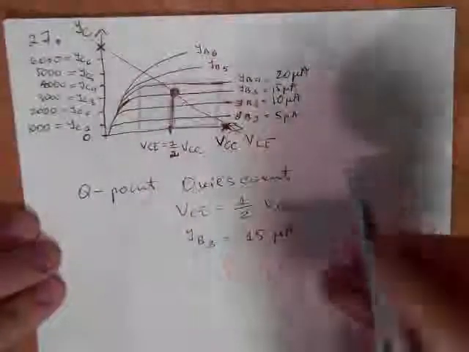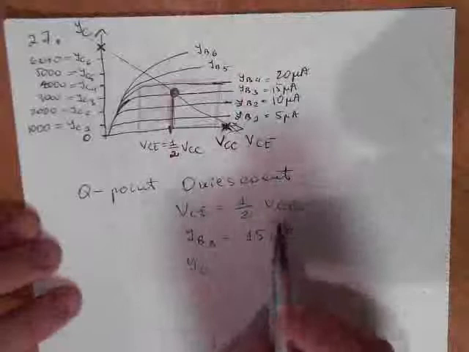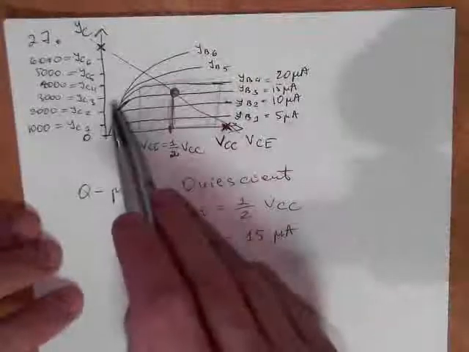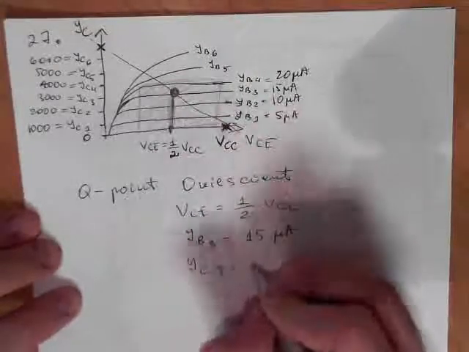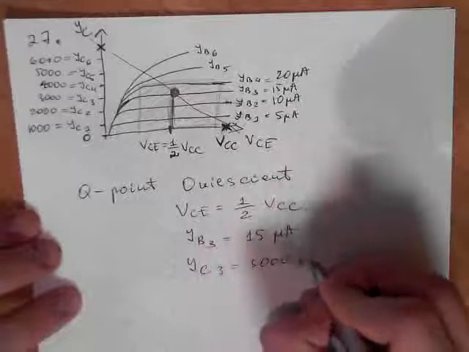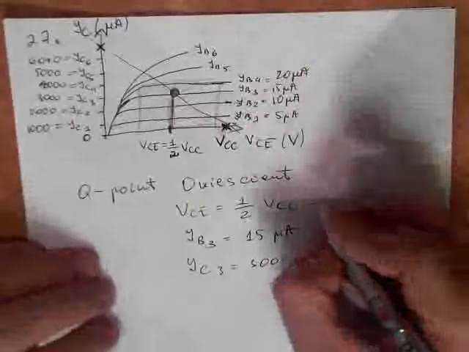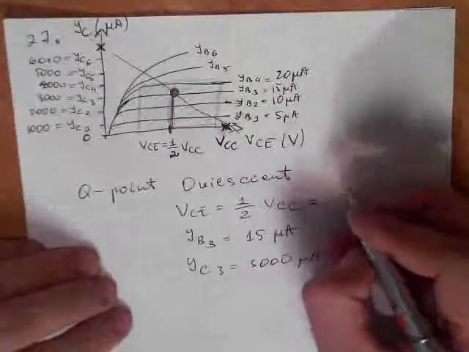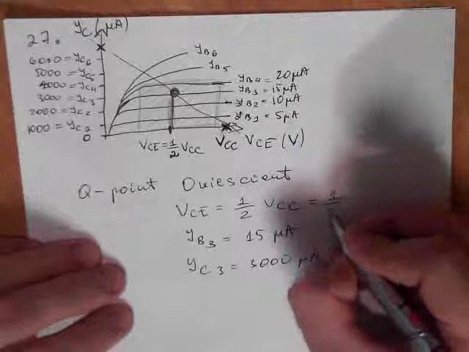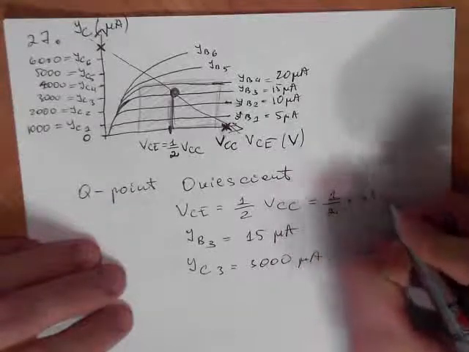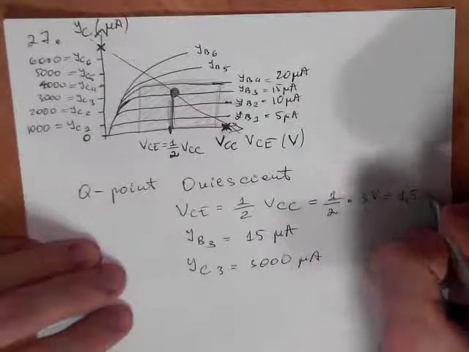So at this point IC is 3000. So this would be in microamps also, and this would be in volts. Let's make it as we had 3 volts during our laboratory work, so half of 3 volts would be 1.5 volt.